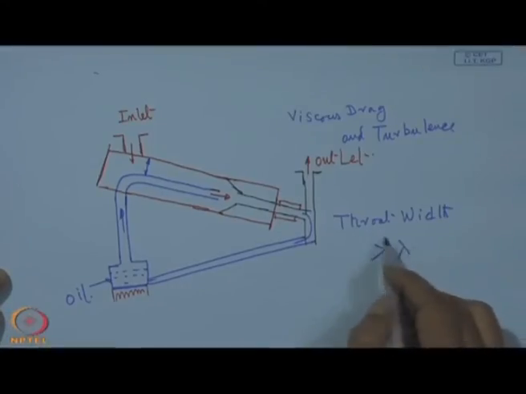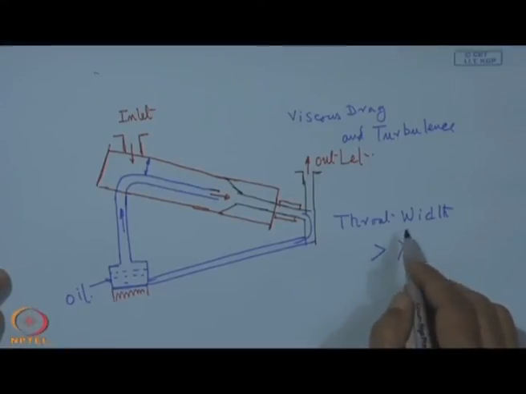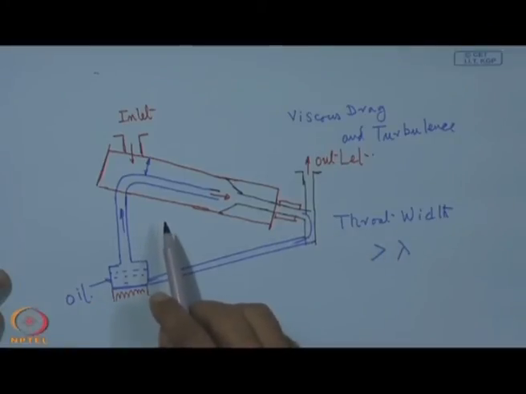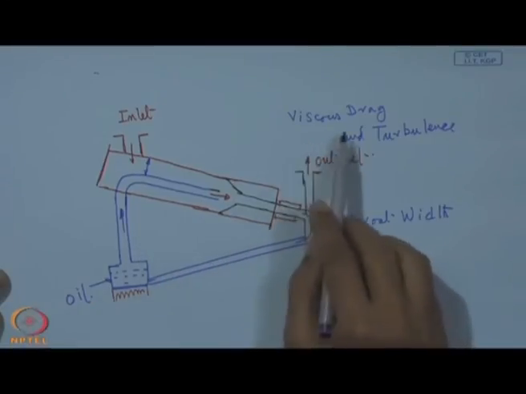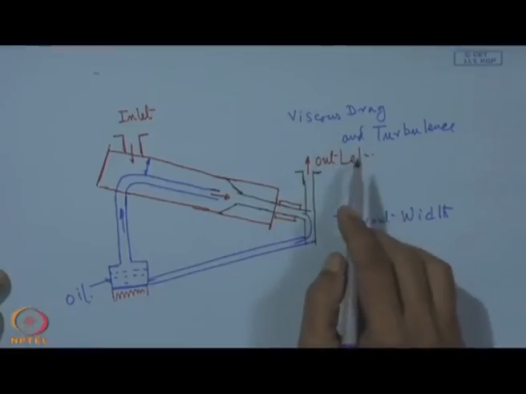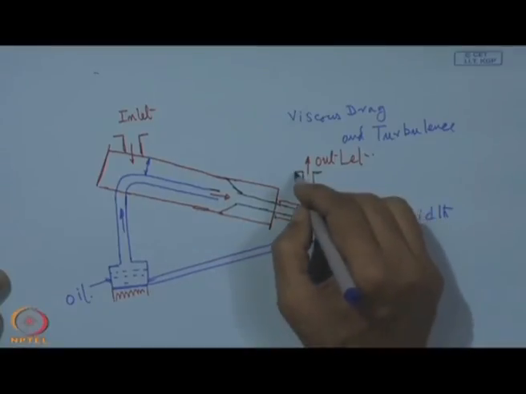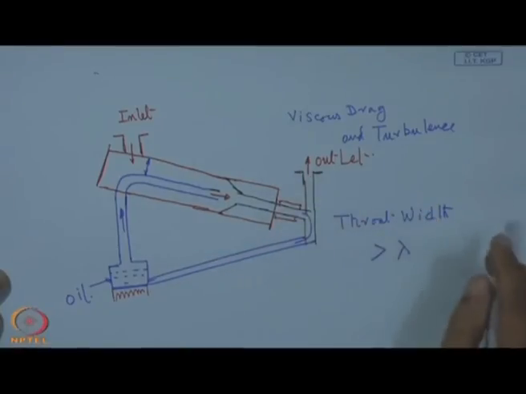Since it is greater than lambda, there will be collisions between these molecules, and as a result we have viscous drag and turbulence, and the gas will be delivered in this direction, and that is going to be one outlet.